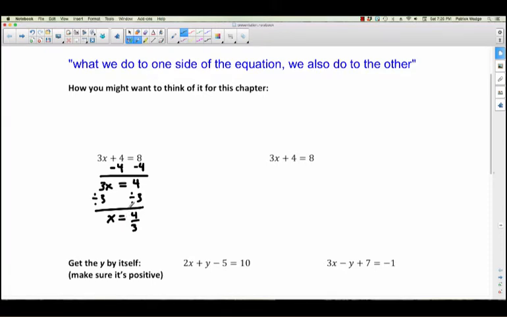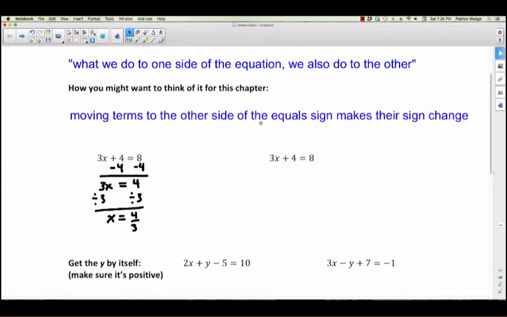Now, there's another way you can think about solving equations, and I think it's going to be a lot more useful in this chapter if you think of it this way. What you can think of is that moving terms to the other side of the equal sign makes their sign change. So you can just move something to the other side of the equal sign as long as you change its sign. Instead of adding or subtracting to both sides, just move something to the other side.